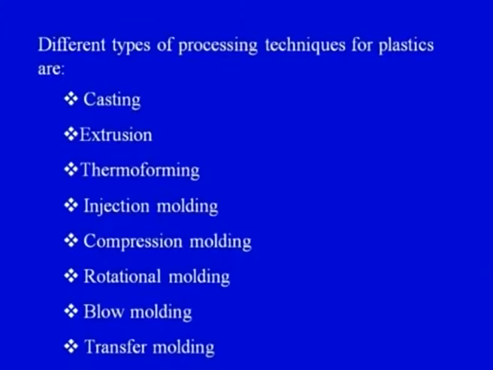So, different types of processing techniques for plastics are casting, extrusion, thermoforming, injection molding, compression molding, rotational molding, blow molding, transfer molding, and there can be other processes also.